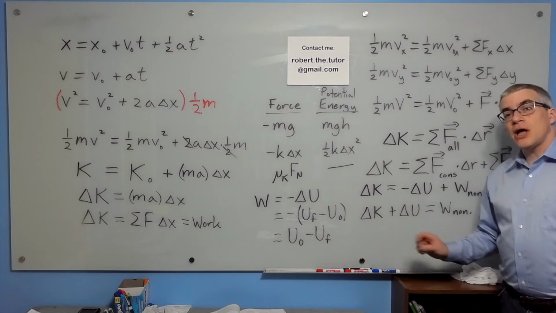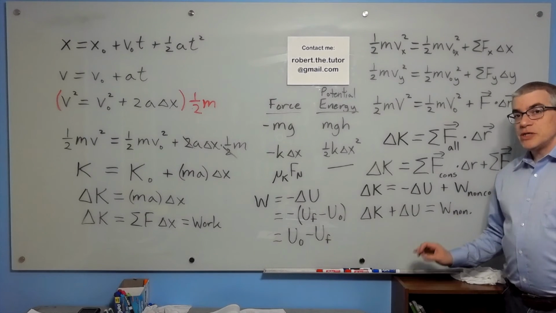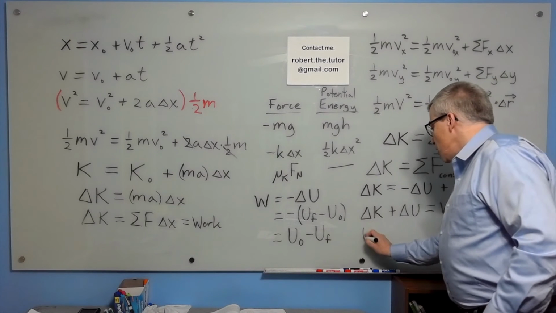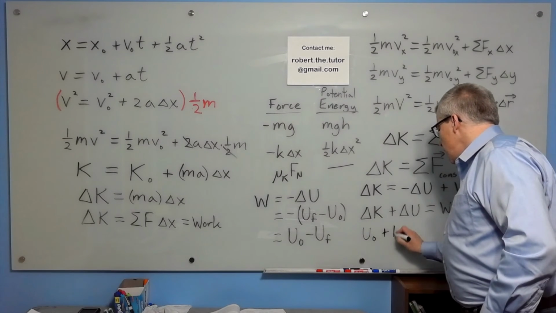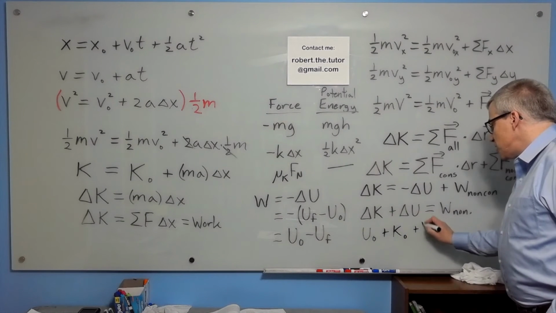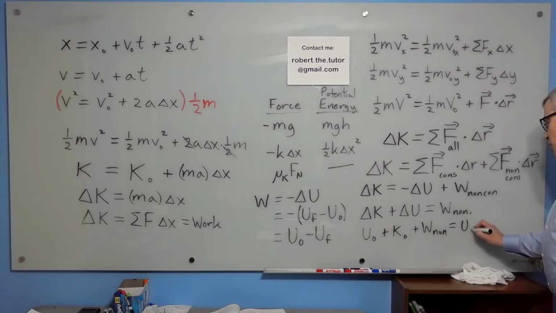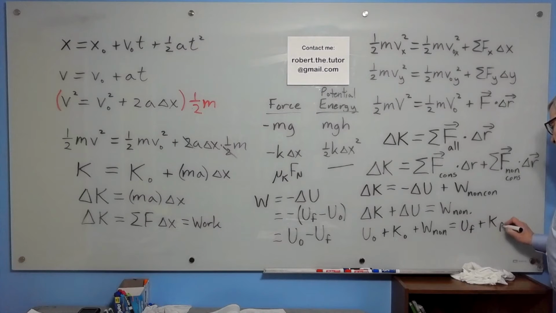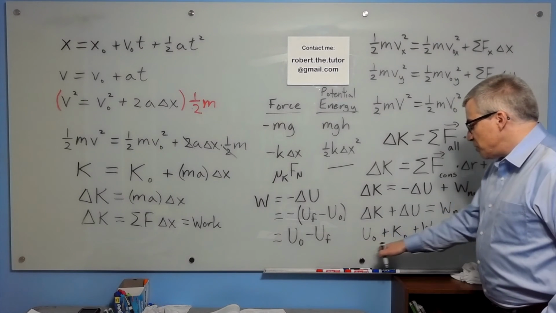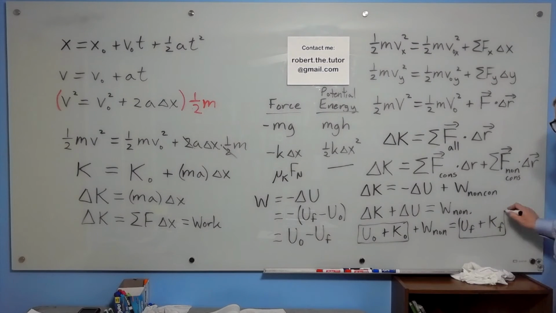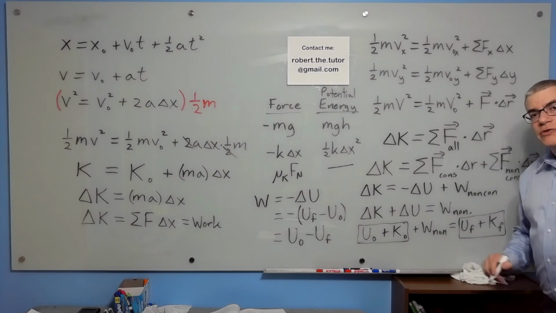So energy is constant. And this is extremely useful. This formula can be rearranged into U initial plus K initial plus work done by non-conservative forces is U final plus K final. So potential energy plus kinetic energy is what we call the total energy. And so the energy only changes if you do non-conservative work.